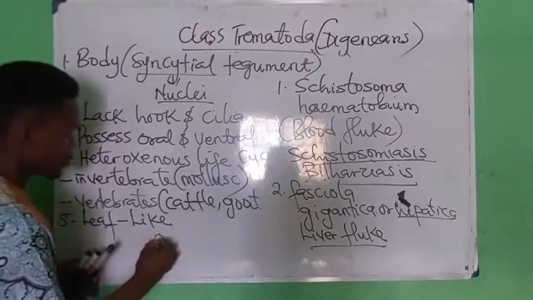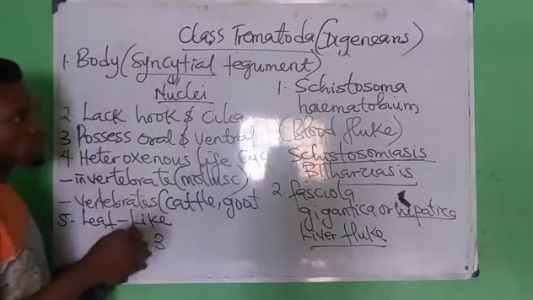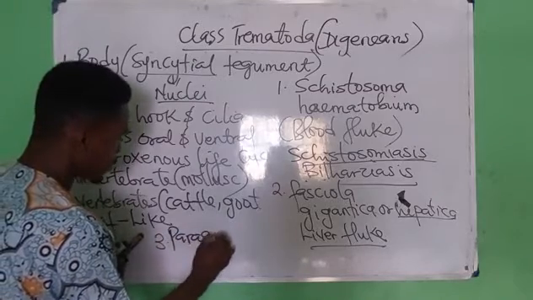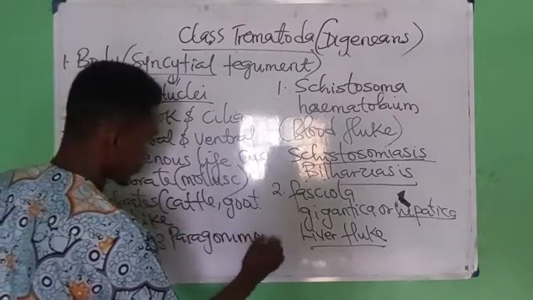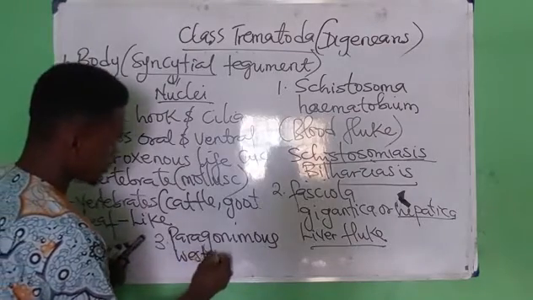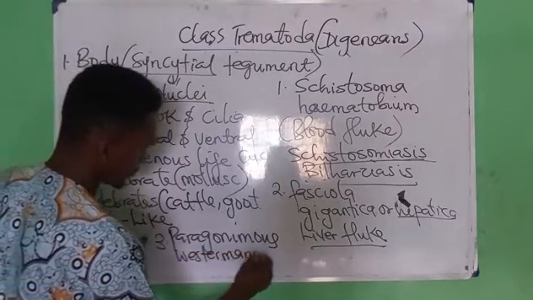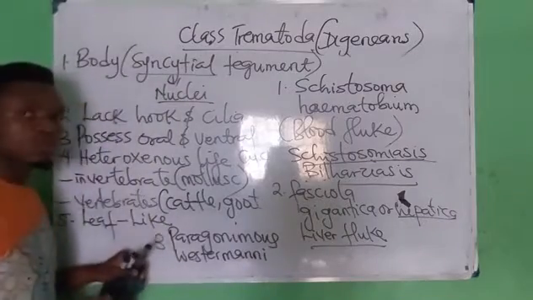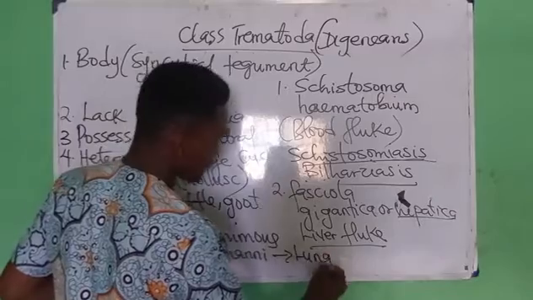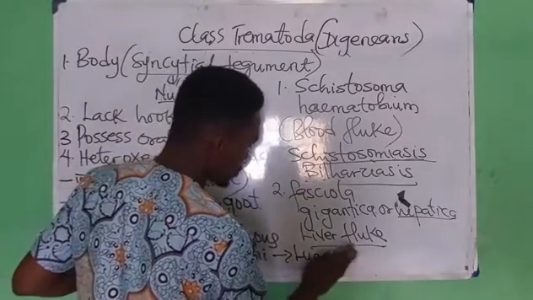Another species of the trematodes is the Paragonimus westermani. Paragonimus westermani. This is otherwise called what? Long fluke. Long what? Fluke.